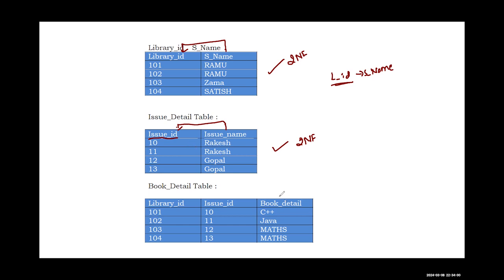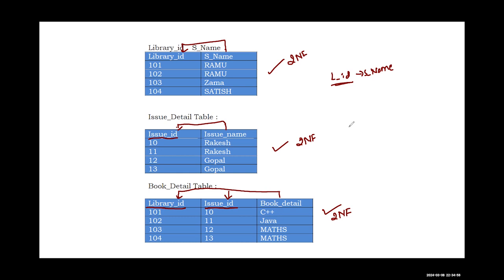Also, I'm going to keep the book detail, which was dependent on library ID as well as issue ID. In this table I will make library ID as well as issue ID a concatenated primary key. This also satisfies second normal form since there is no partial dependency.